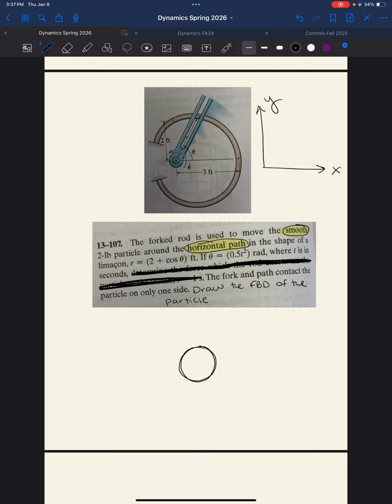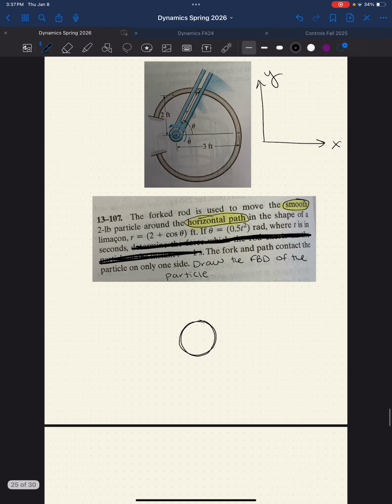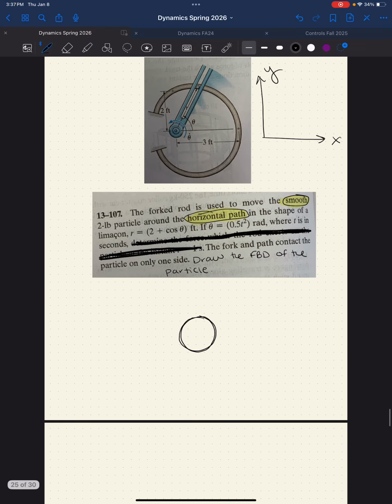Really all we care about is acceleration in the X and Y direction, so when we draw our free body diagram in the XY plane, we do not need to have gravity, because gravity is essentially pointing into the page, and we're not considering that direction at this point in time.